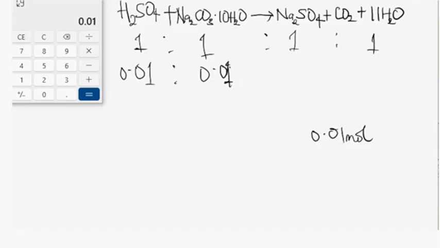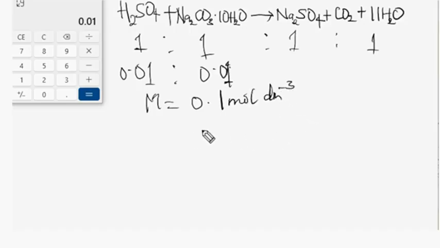Since we have established this, the next thing is to get the volume of tetroxosulfate 6 acid. We already have the molar concentration of tetroxosulfate 6 acid to be 0.1 mole per dm cube, and the number of moles is 0.01 mole.